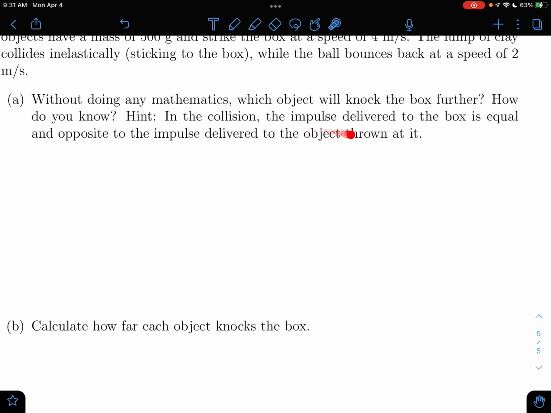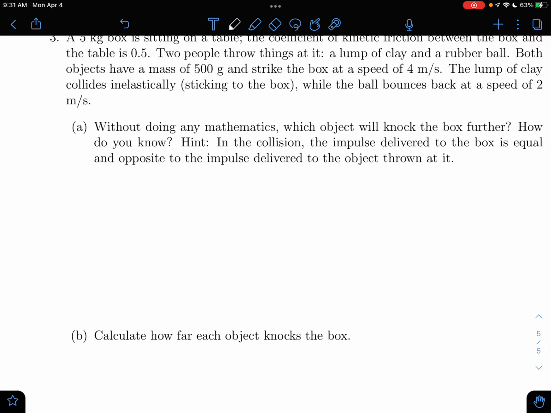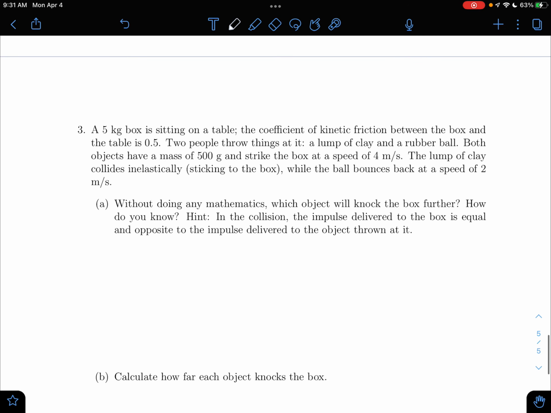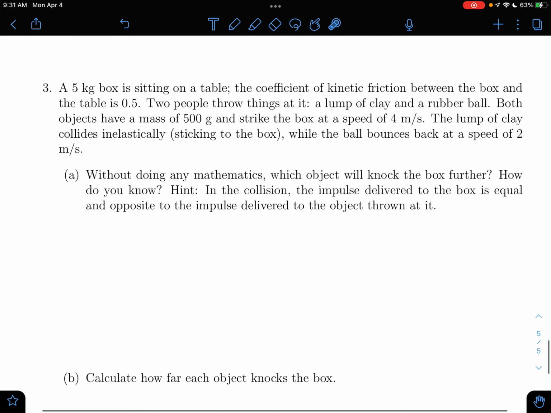Our hint here is that the impulse delivered to the box is equal and opposite to the impulse delivered to the object thrown at it. So let's make a hypothesis. My educated guess is that our impulse, which is our change in momentum, has to do with our change in velocity.